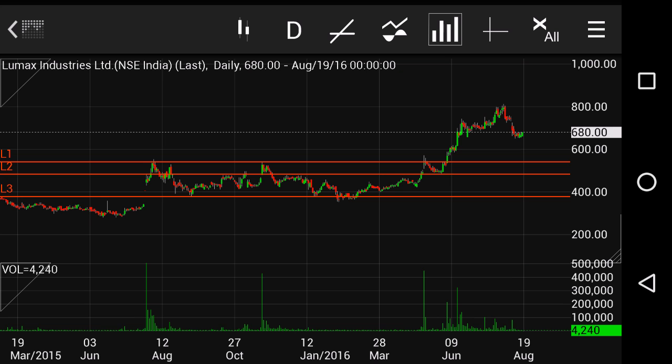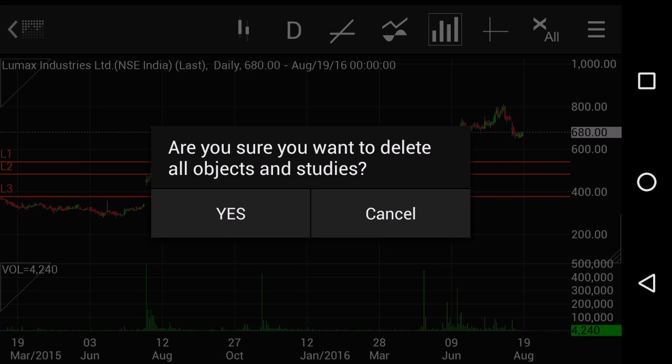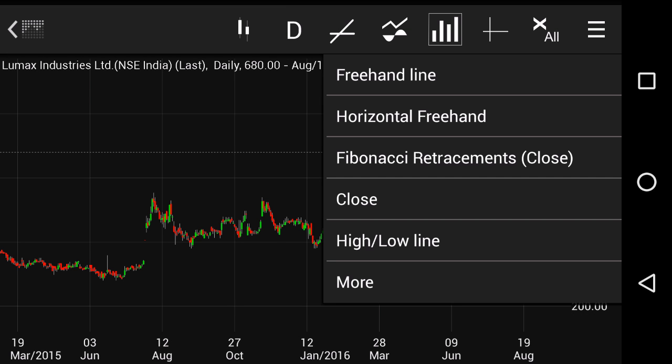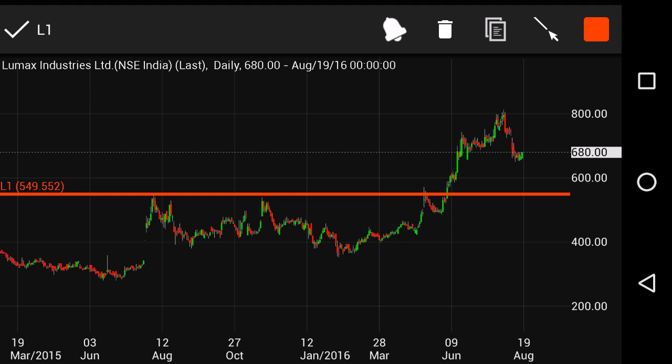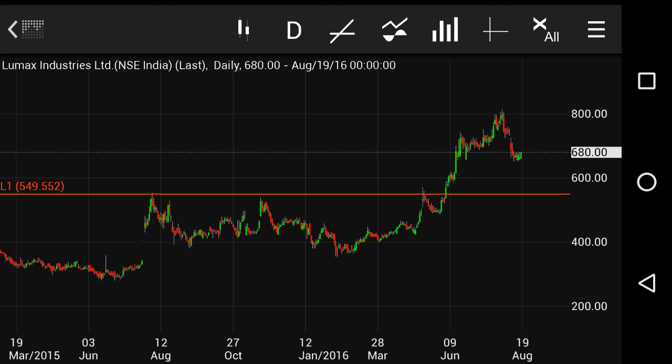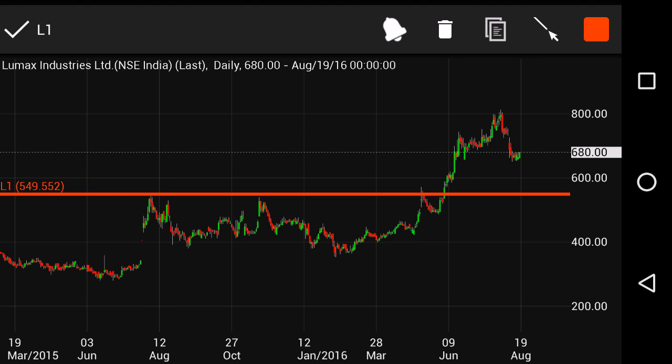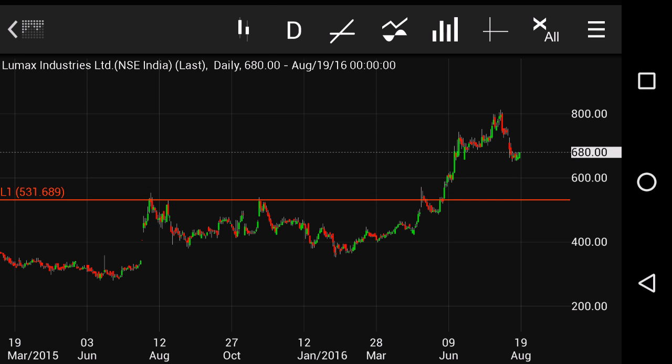So you should get a basic idea of how to draw trend lines. Keep the horizontal line, just place it, and it should be clean. Sometimes the candles are spiky. Here we don't have any spiky candles. Still, look at the OHLC chart.